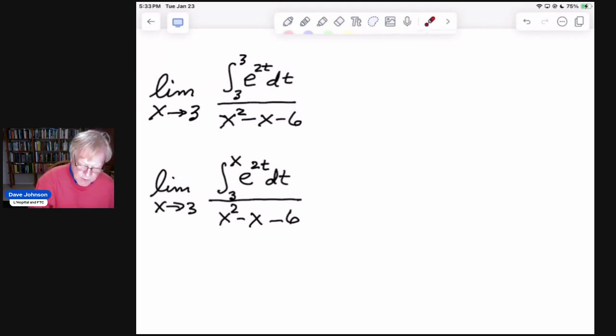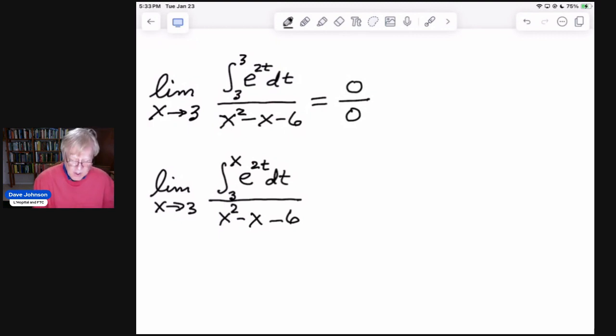So again, the problem is the same as what I started with last time. The limit as x goes to 3 of the integral from 3 to 3 of e to the 2t dt, divided by x squared minus x minus 6. And it doesn't take much to realize that this is going to be indeterminate, 0 divided by 0.